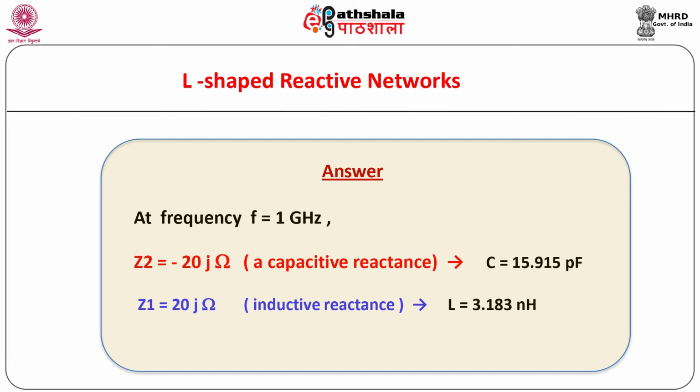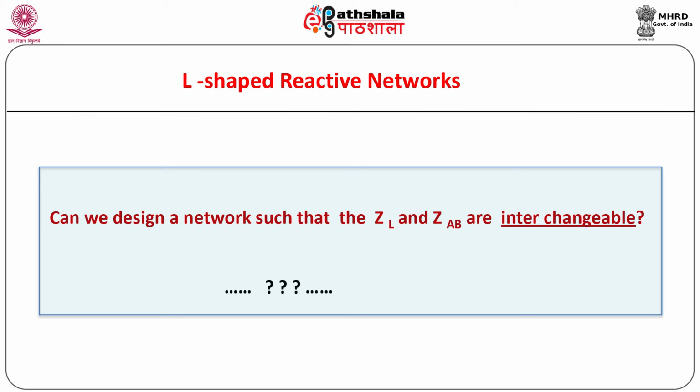With due consideration of the given frequency of 1 gigahertz, one can calculate the value of this capacitance as 15.915 picofarad, while for Z1 equal to 20 j ohm representing inductive reactance, we obtain the inductance value as 3.183 nanohenry. It is to be noted that we have seen how to find Z1 and Z2 so that we will get the desired ZAB for a given load impedance ZL.